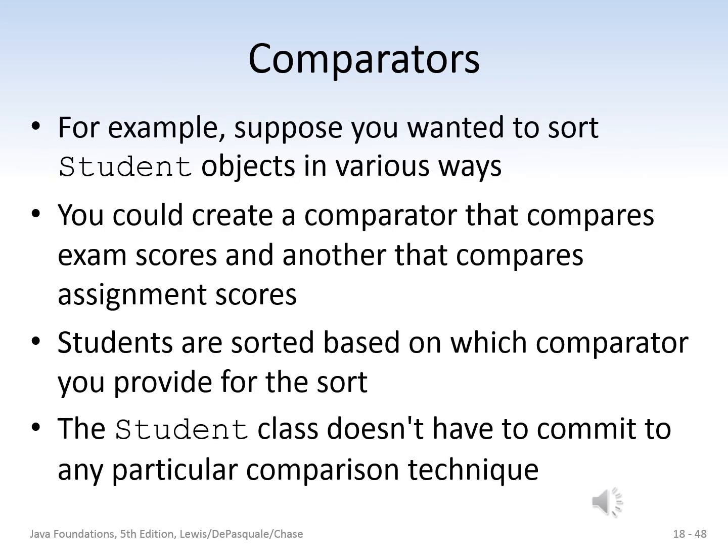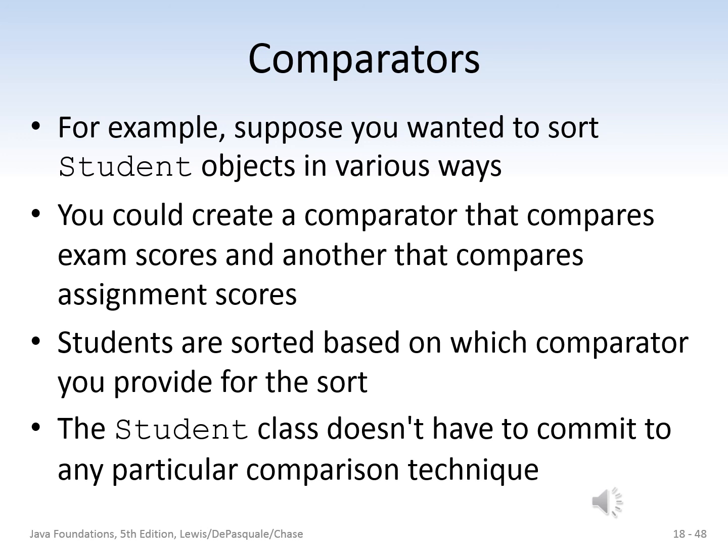Here's an example of how we can use comparators. Let's assume we have student objects, and we want to sort those student objects based upon various parameters. We can create multiple comparators.